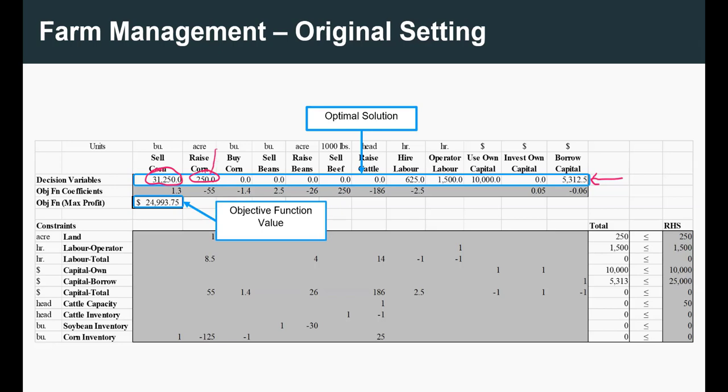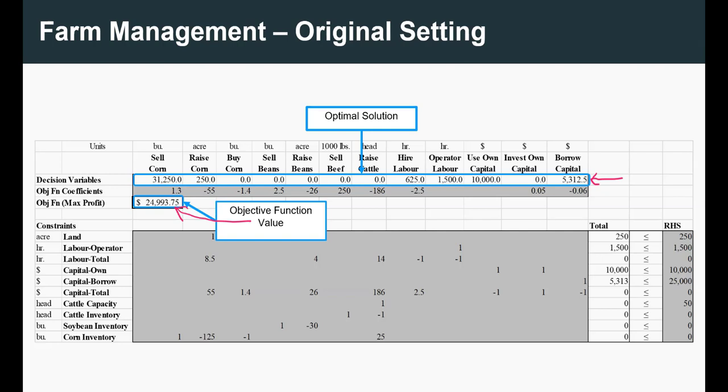It could be that you're allocating 250 acres to corn. That is one part of your solution. Sometimes if I ask what the optimal solution is, some people give me this value, and that's not correct because there's another name for it. This is the objective function value. It's not the optimal solution.